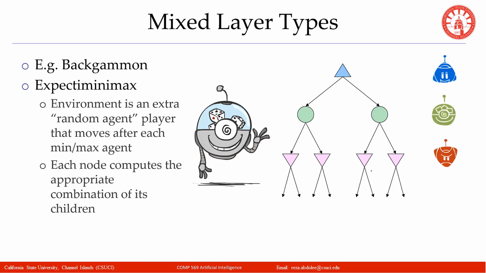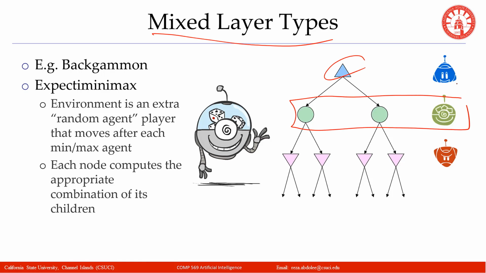So we have mixed layer types for the games as well. When you have your maximizer, then you might have a completely random event in your game. And then after that event happens, you have your opponent having his or her move. An example of that is the backgammon game.